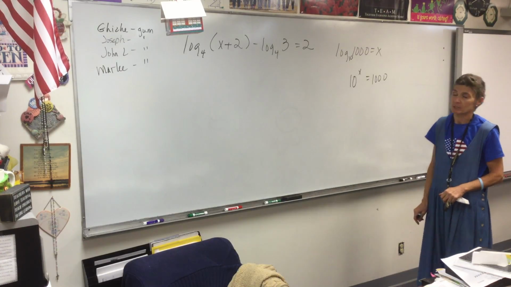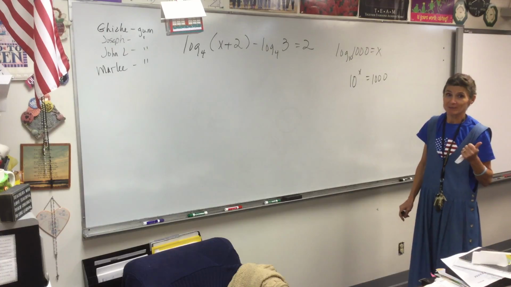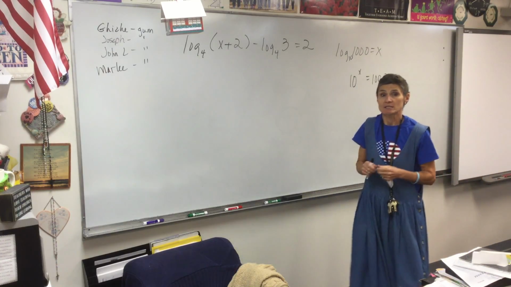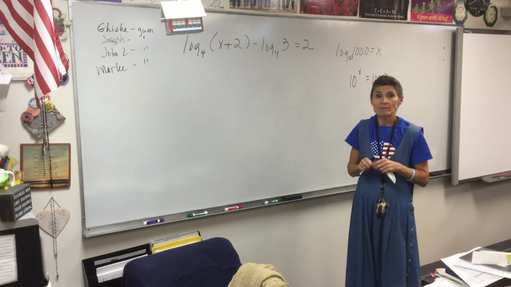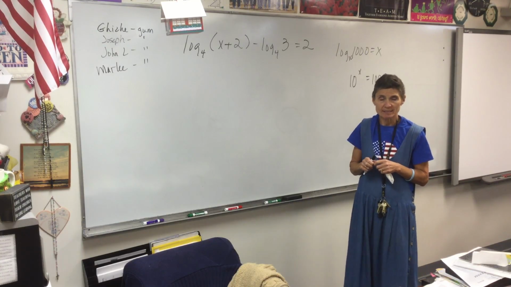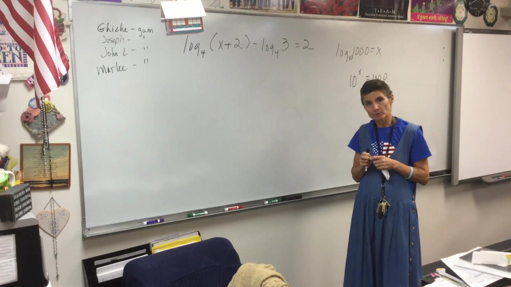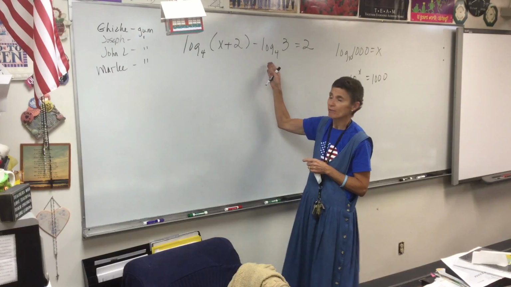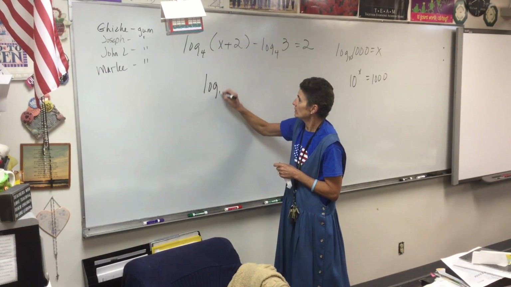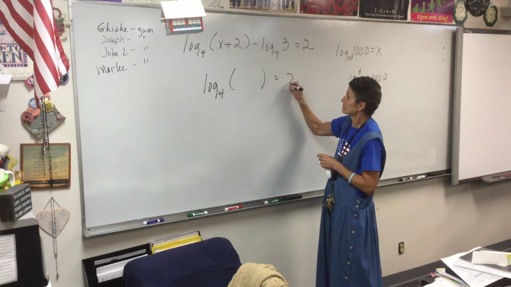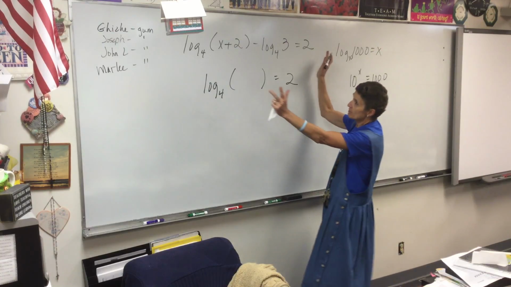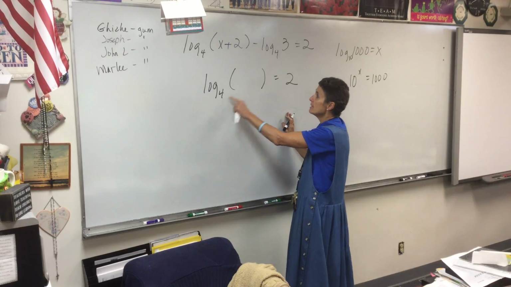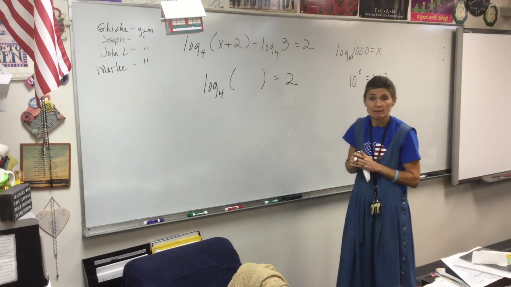How are they going to be put together? Well, we talked about this in the last lesson. The logarithms are being subtracted. When the logarithms are subtracted, it means the numbers have been divided. So if this is going to be condensed into one logarithmic expression, that becomes a division.